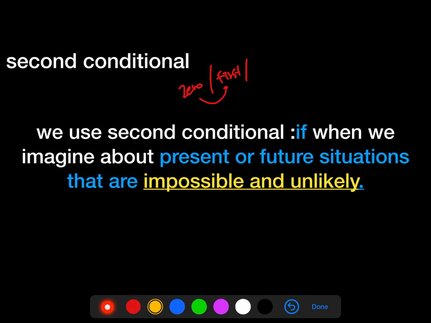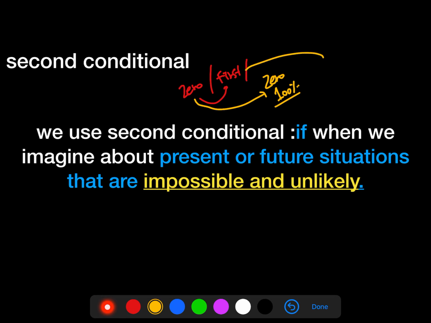So let's take a glimpse of the zero conditional and how zero conditionals act. We use zero conditional when we want to talk about something which is 100% true. So water boils if you heat it up to 100 degrees Celsius.